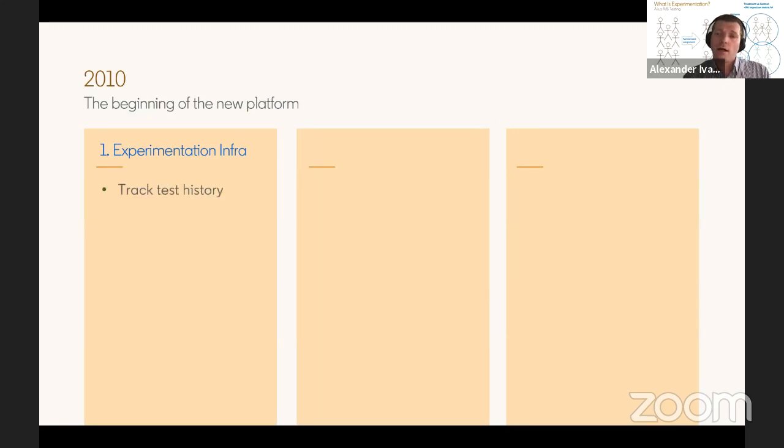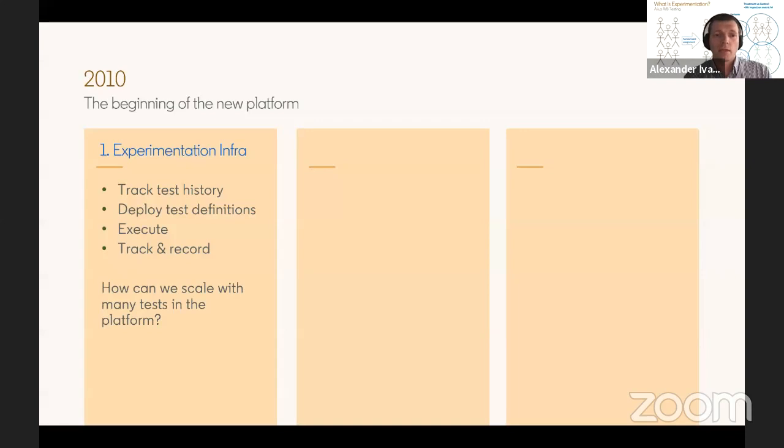First of all, they would have to create the experimentation serving infrastructure that would be able to track test history, automatically deploy test definitions, execute tests in production, and then track and record some metrics. Then the question that we will answer in this presentation is how it's possible to scale with thousands of tests running in the platform at the same time.